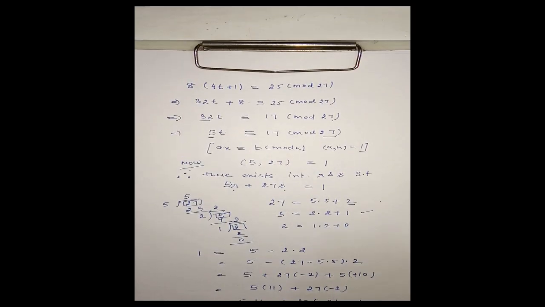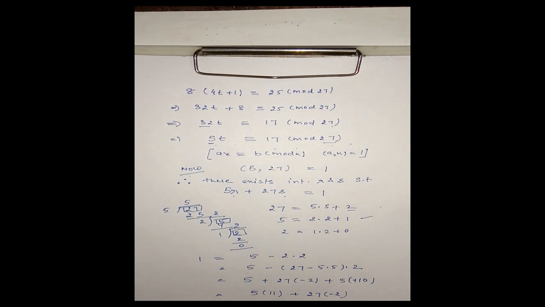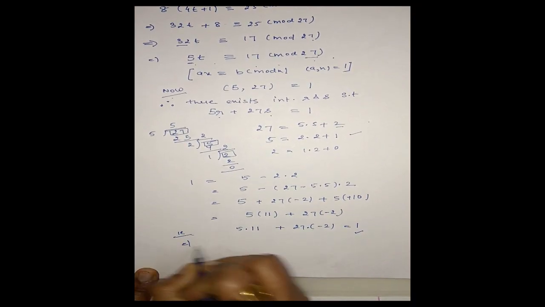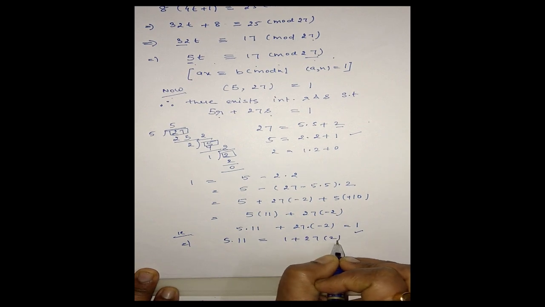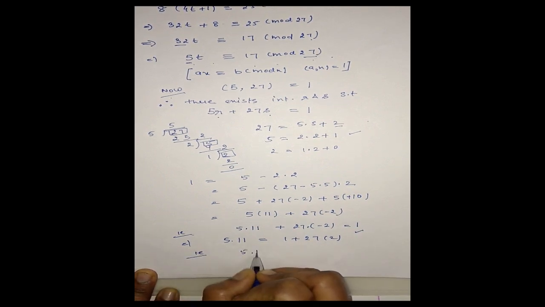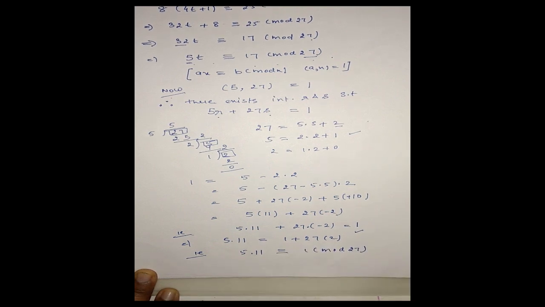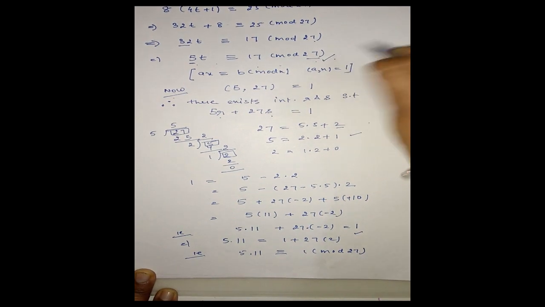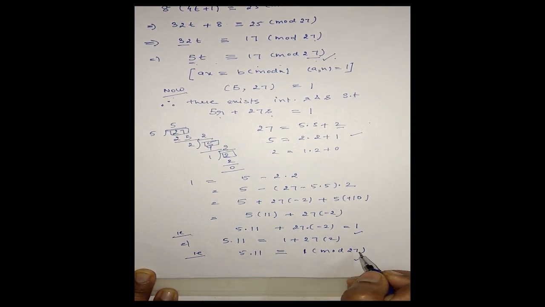See here, we want to solve this congruence 5t is congruent to 17 modulo 27. So we want to write our equation in this form. That means here we can write 5 into 11 is equal to 1 plus 27 into 2. Okay, plus sign here. That is, this can be written as 5 into 11 is congruent to 1 modulo 27. We want to solve this congruence 5t is congruent to 17 modulo 27, and here we have 5 into 11 is congruent to 1 modulo 27. Clear?